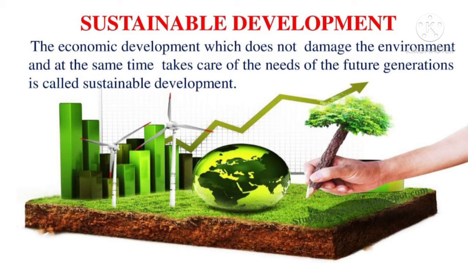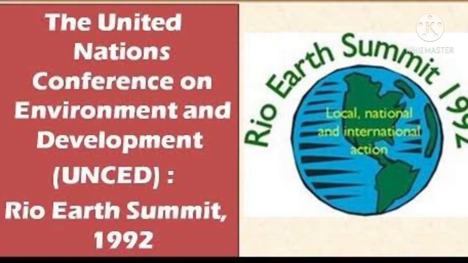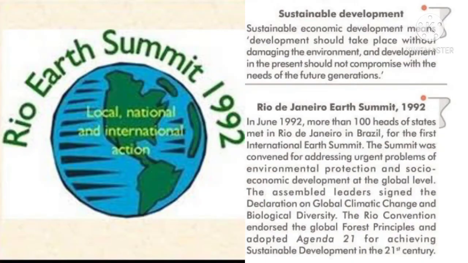So the concept of sustainable development came, and due to their regular warnings, the warnings of these environmentalists and scientists, finally United Nations, they were ready to call a summit in 1992 for the protection of our mother earth.